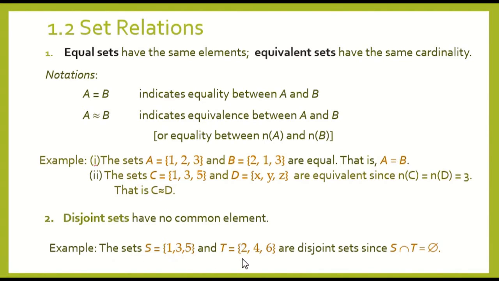Pareha sila tagtulo-tulo og a number of elements, pero dili pareha ang ilahang mga elements. So, ang S ug T are disjoint sets since S intersection T is empty. So, meaning, walay pareho og element ni S ug ni T.